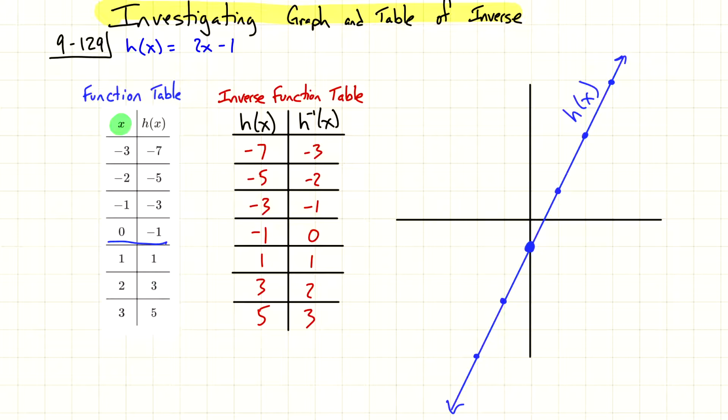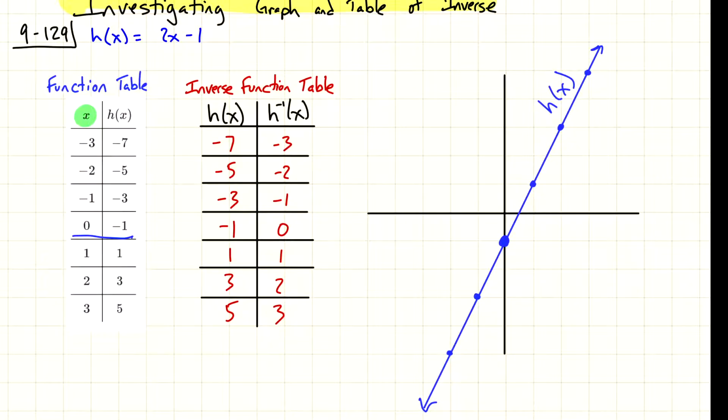We don't have any equation for the inverse, but we do have a bunch of points we could plot. So let's plot these points and see what it looks like on the graph.